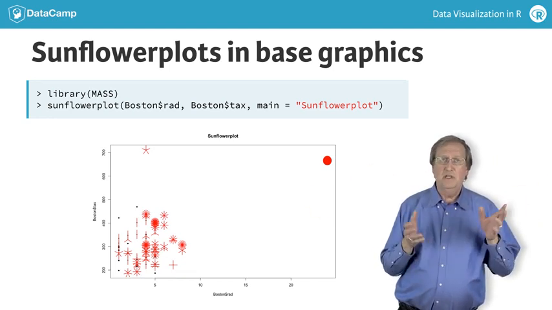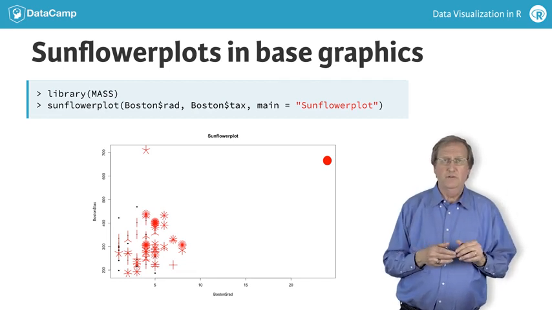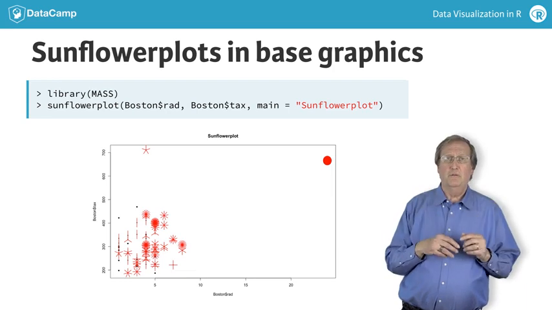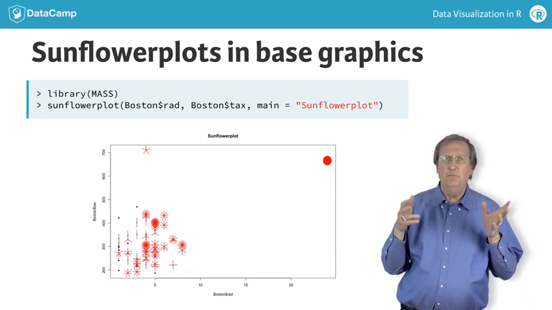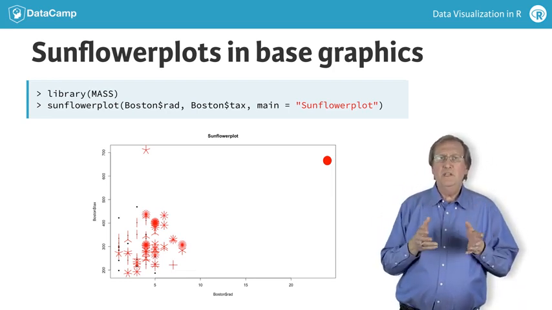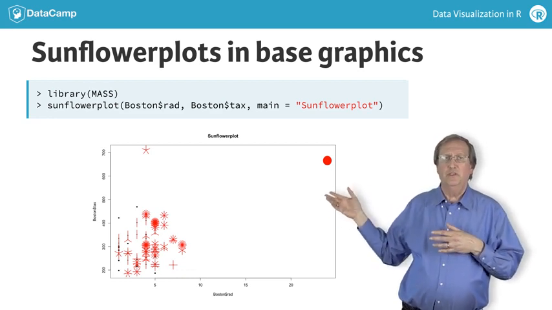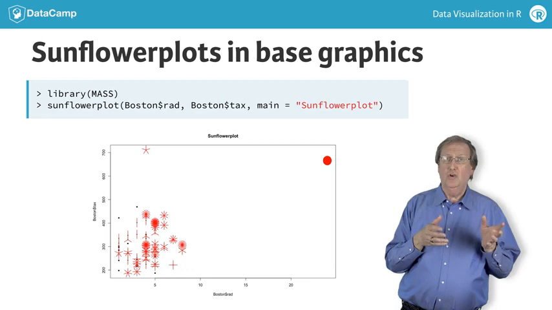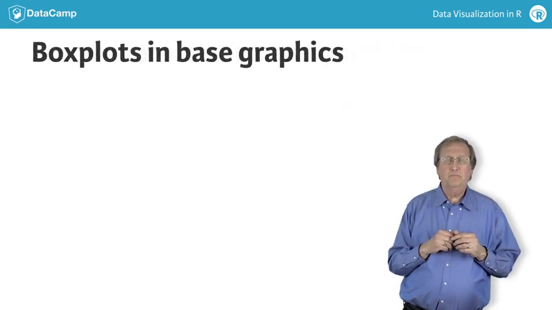Simple scatter plots give no hint of these repeated values, but sunflower plots represent them as sunflowers with 1 petal for each repeated data point. We can see that many neighborhoods with the largest rad values all have the same large tax value.